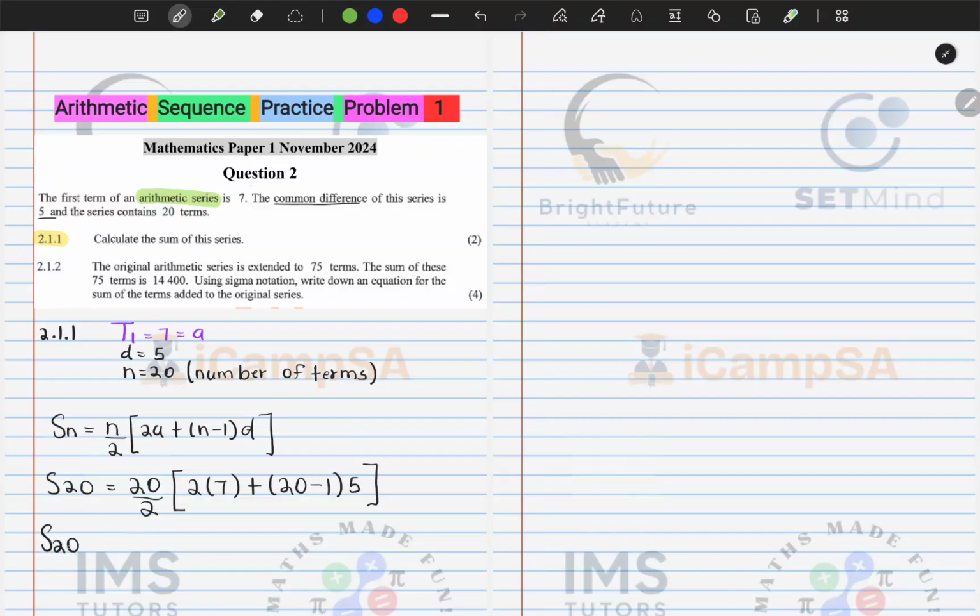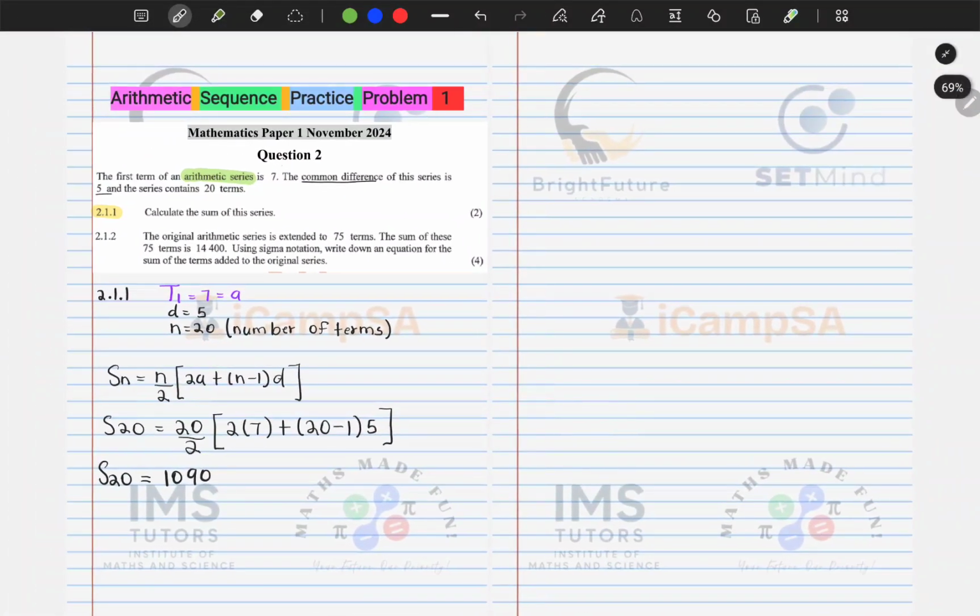So S20 will be equal to, I'm going to go to my calculator, punch this in and give us the answer. If you use your calculator, you should be able to see that we find 1090. So we are done with the first question. Let's go for the second one, 2.1.2.